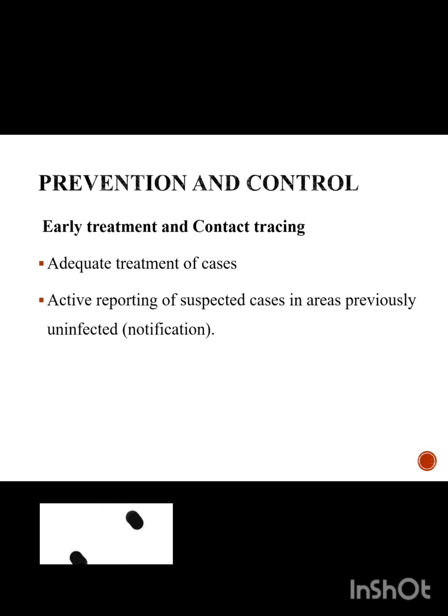Then active reporting. In areas where the incidence of cholera is more prevalent than other areas, you might put up a reporting system where if there's a case, the health center will notify the district or the province, so that there's adequate containment of this disease to prevent it from spreading.